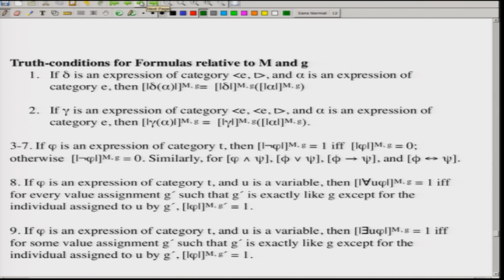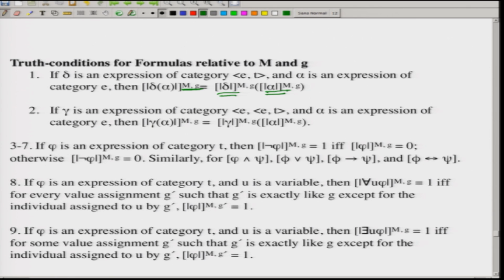Now we look at the semantics of it. If delta is an expression of category e to t, that is one place predicates, and alpha is an expression of category e, then the value of delta alpha will be, of course I'm not talking about the index which is always there, which is M comma g, it will be the value of delta applied to alpha as an argument.